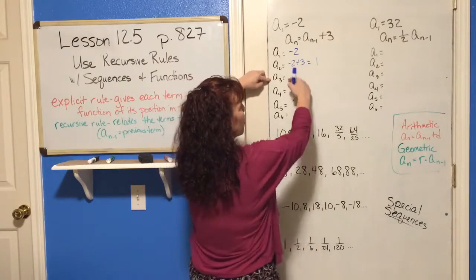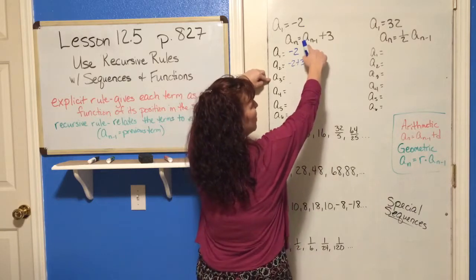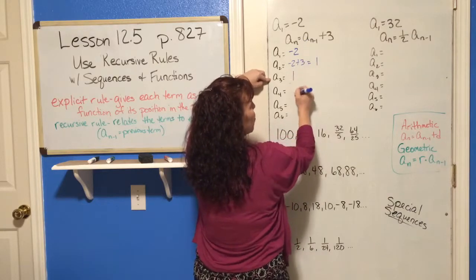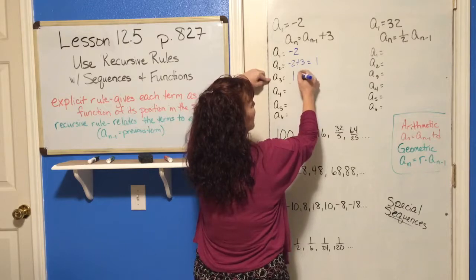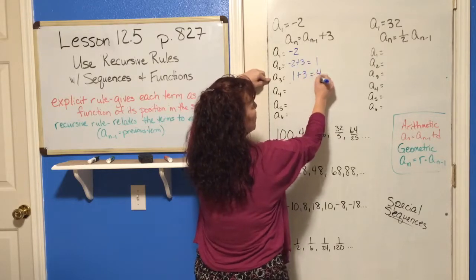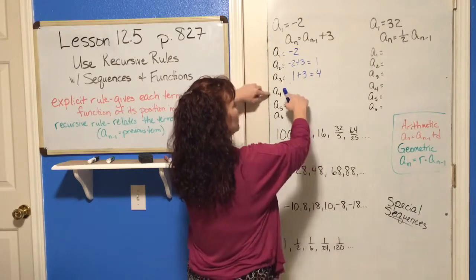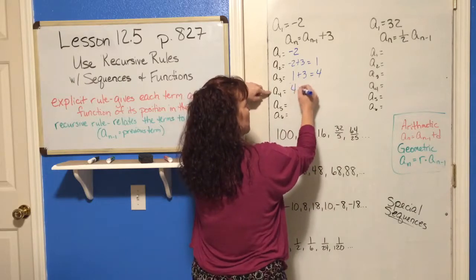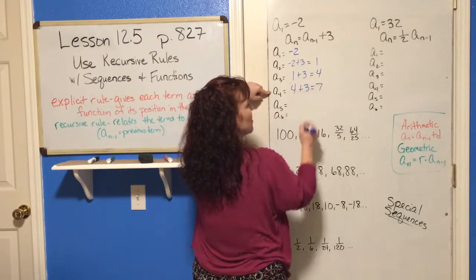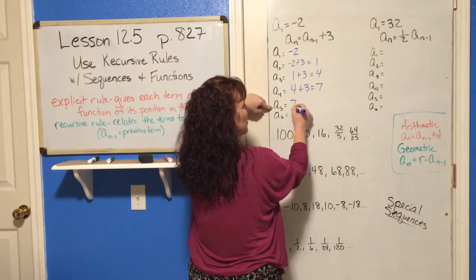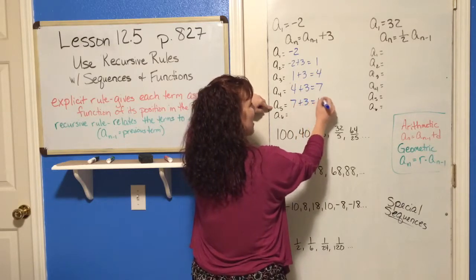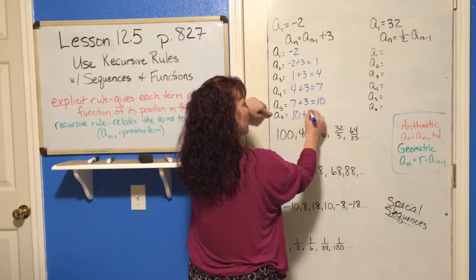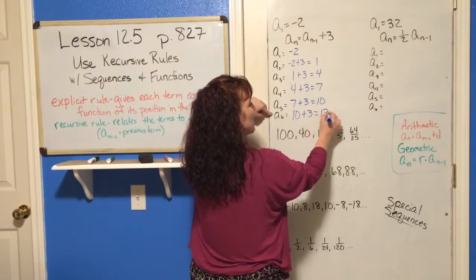And then for the third term, we're going to take the previous term, so the 1, plus 3, which would be 4. And then we're going to take the previous term and add 3 and get 7. We're going to take the previous term and add 3 and get 10. The previous term is 10, and get 13.